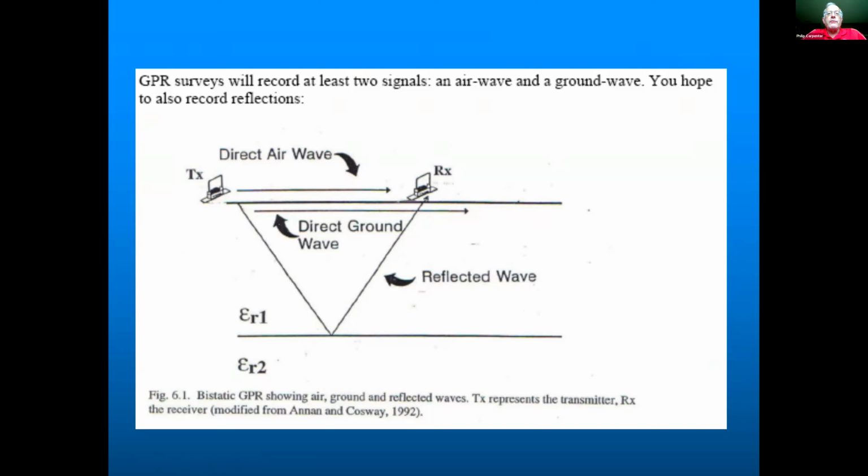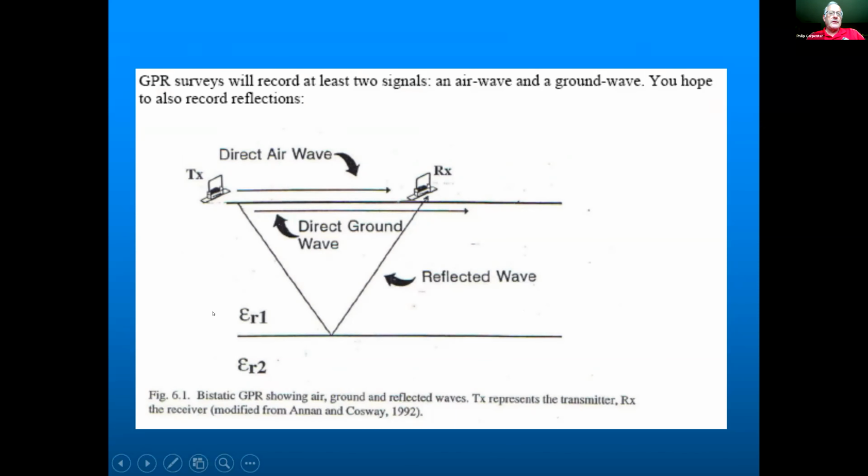That's a fancy way of saying these are different materials. So it's kind of like refraction and reflection. Like at the water table, you have a huge change in ER1 and ER2. So radar is a really good method of finding the water table or the bedrock surface.